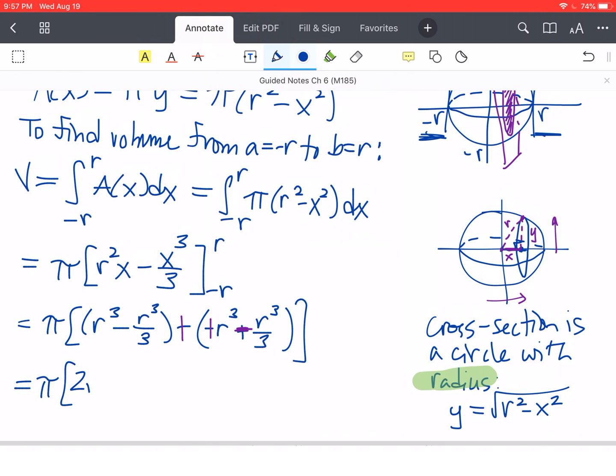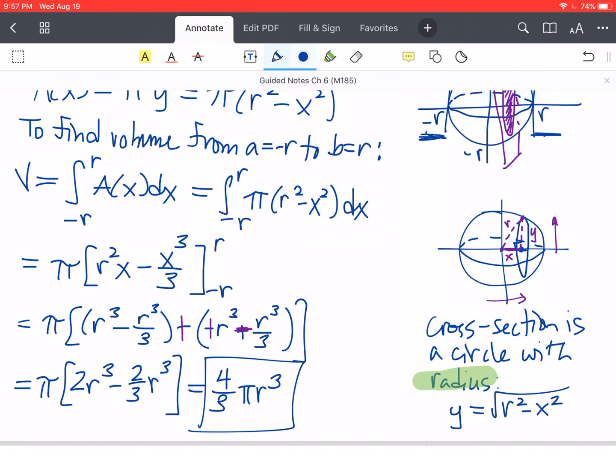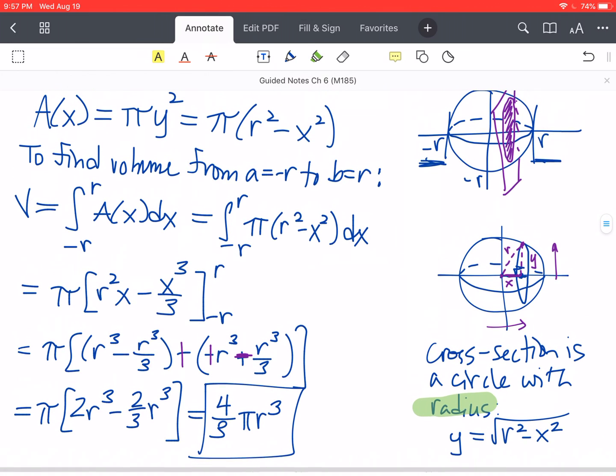So we get 2r cubed minus 2/3 r cubed. That's 1 1/3 r cubed, or in other words, that's 4/3. And it's still times pi, so that's 4/3 pi r cubed, which is exactly what we wanted to get, for the formula for the volume of a sphere.